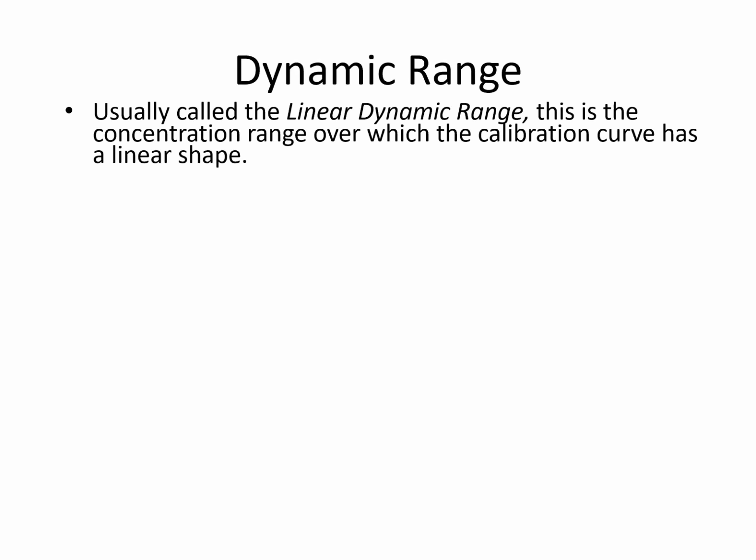Another term that we want to define is the dynamic range. Usually, this is called the linear dynamic range, and this is the concentration range over which the calibration curve has a linear shape. It's linear within that range.